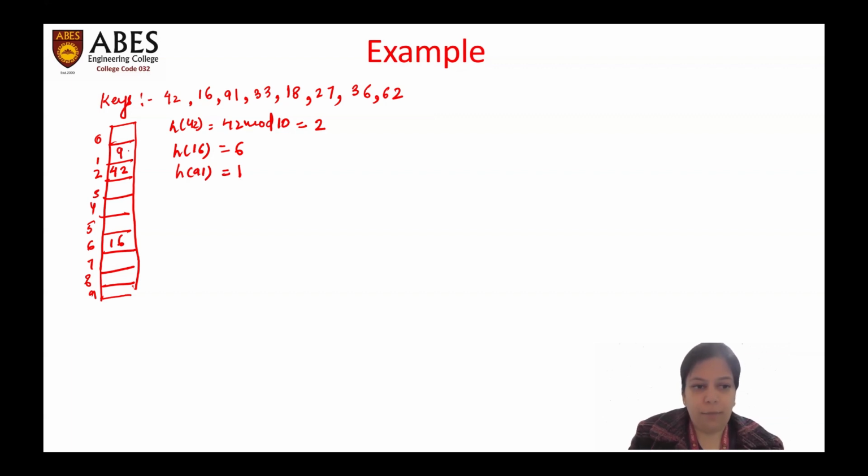Then 33 will be mapped at index 3, and 18 will be mapped at 8. And 27 will be mapped at index 7.